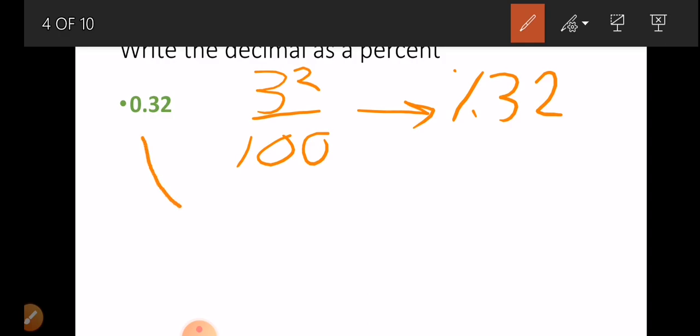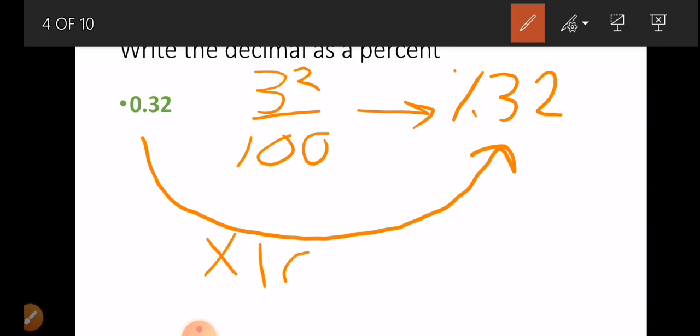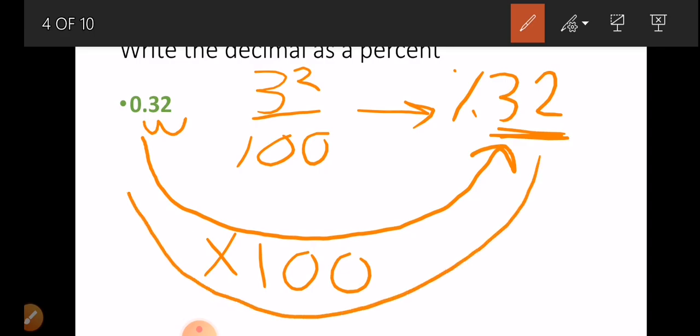Yes, for the decimal, directly to make it percent, multiply by 100 and put the percent sign. Multiplying by 100 means moving the decimal 2 places to the right, 1, 2. So it will be 32%. If I want to go back from the percent to the decimal, do the opposite, divide by 100. So it will be 0.32.